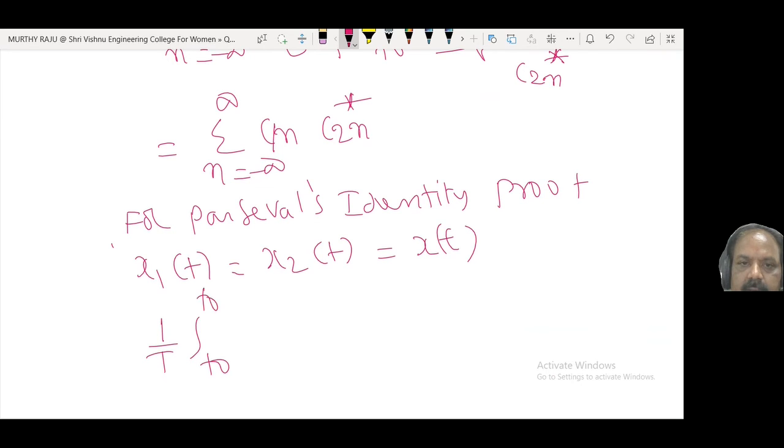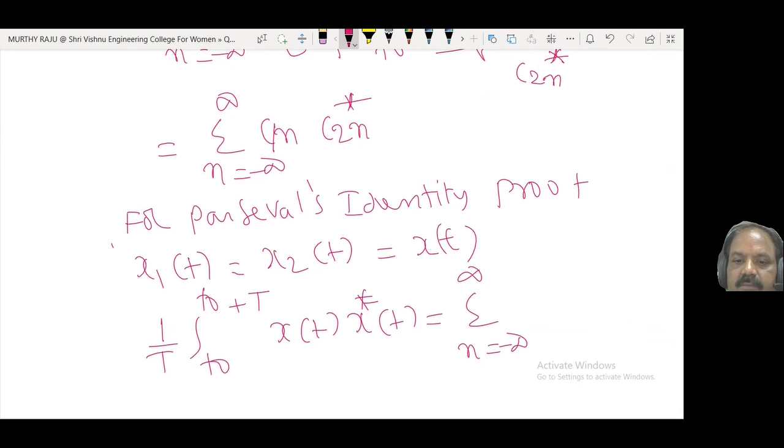Then (1/T) integral from t0 to t0+T of x1(t) is x(t), and x2(t) is also x conjugate of t, is equal to sigma n equals minus infinity to plus infinity C1n C2n, where C1n is equal to Cn and C2n is also Cn conjugate.